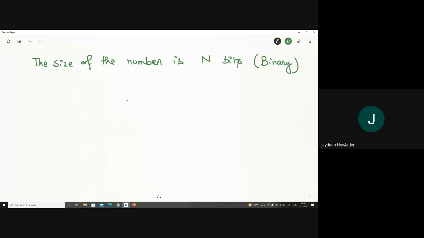Now, if we have a signed number, there are two ways to represent it.